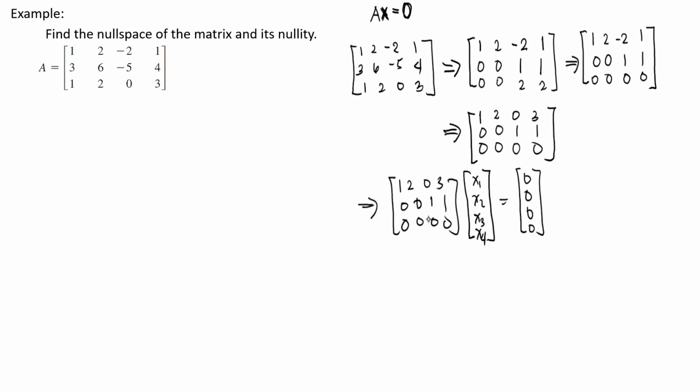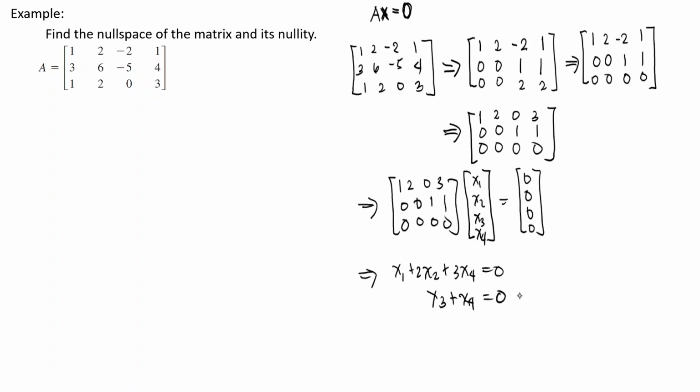Okay, and from here, we now get the linear system: x sub 1 plus 2x sub 2 plus 3x sub 4 equals 0, and we have x sub 3 plus x sub 4 equals 0.